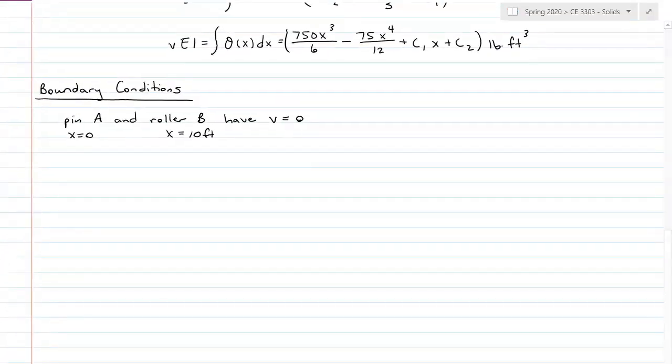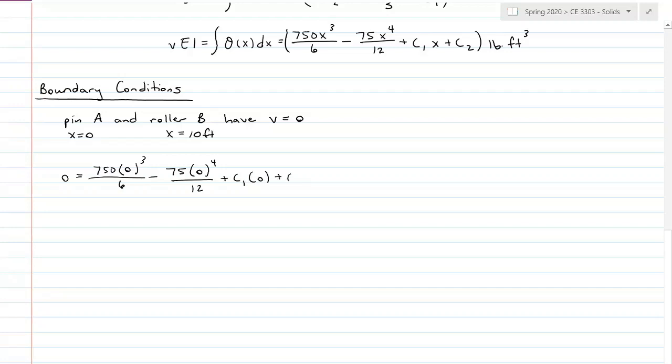So here's my vertical deviation equation. So 0 is equal to 750 times 0 cubed divided by 6 minus 75 times 0 to the 4th divided by 12 plus C1 times 0 plus C2. Okay, so this first 0 is our vertical deviation, and all these other zeros are our location x.